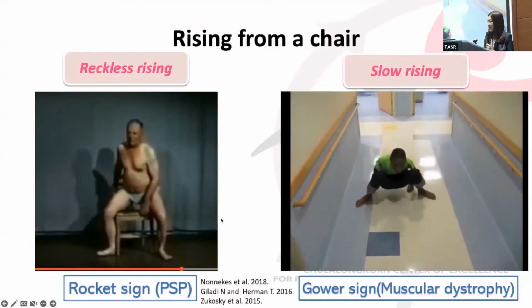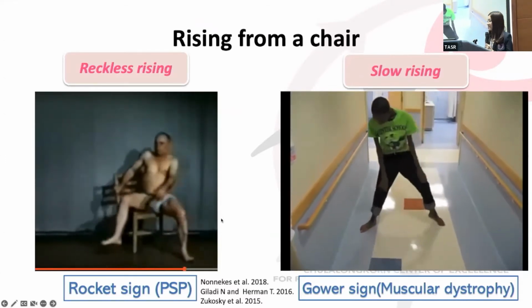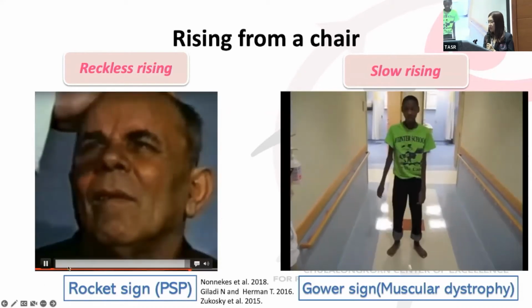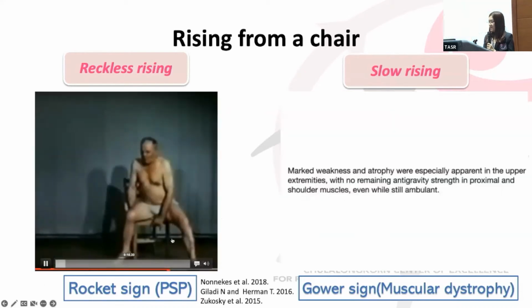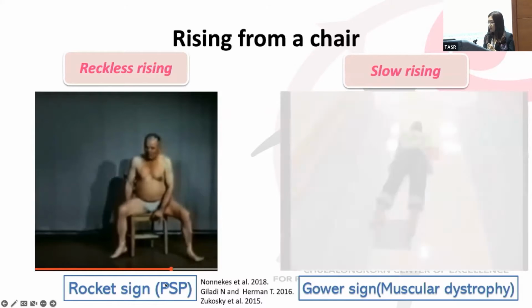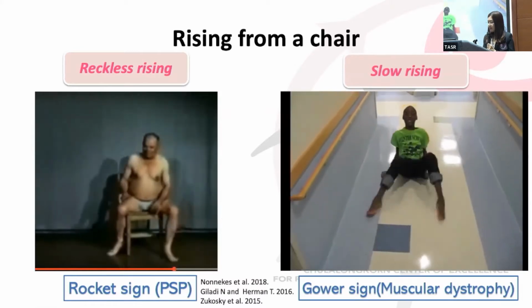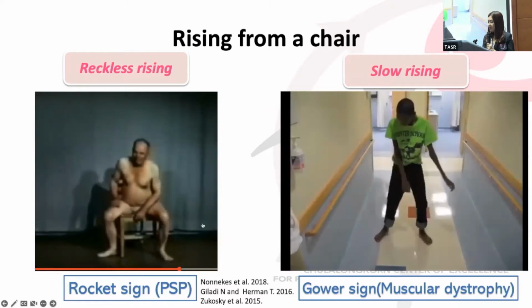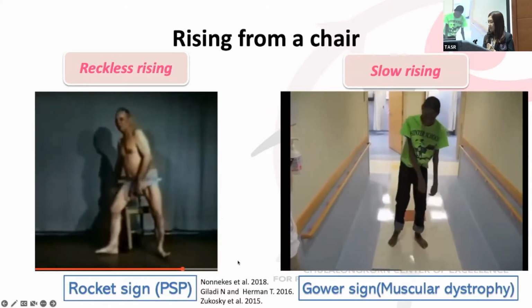Reckless rising can be found in PSP, also known as the rocket sign in the left video. You see that when this patient tries to rise up from the chair, he falls back into the chair when attempting without caution.